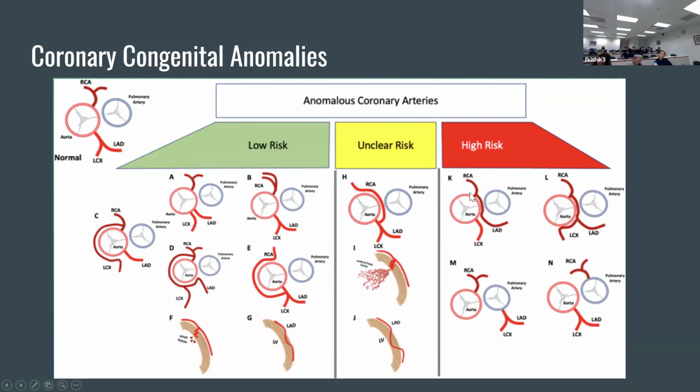The higher risk lesions are when the LAD or all of the left circulation arises from the right cusp of the aorta. The reason it can cause a lot of problems is that with exertion, this coronary artery can get squished between the aorta and the pulmonary artery.